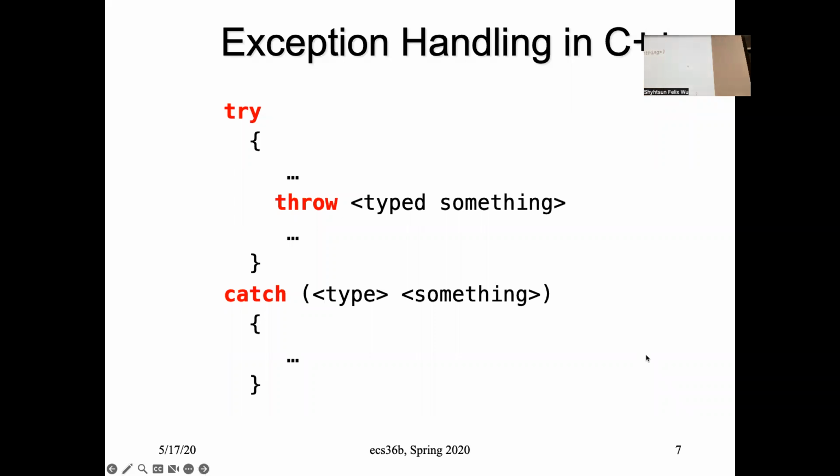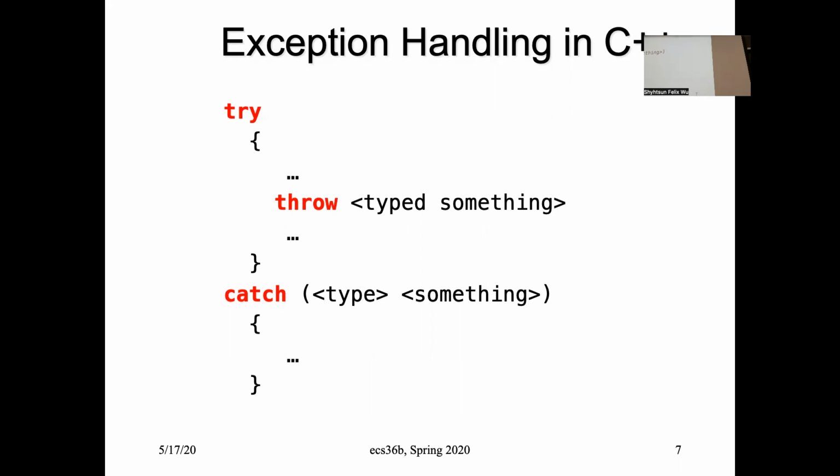In the syntax, there are three keywords: try, throw, and catch. Try defines the boundary of a piece of code within which you might generate some exceptional condition that is going to be caught by the catch clause right after. Right now I'm just giving you one try clause and one catch, but you could have one try with multiple catch clauses, which I will show you a bit later.